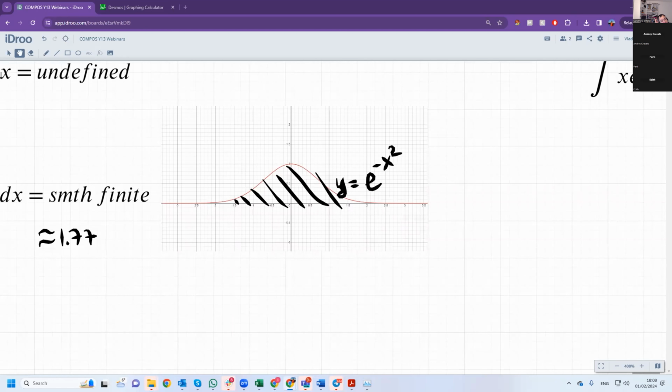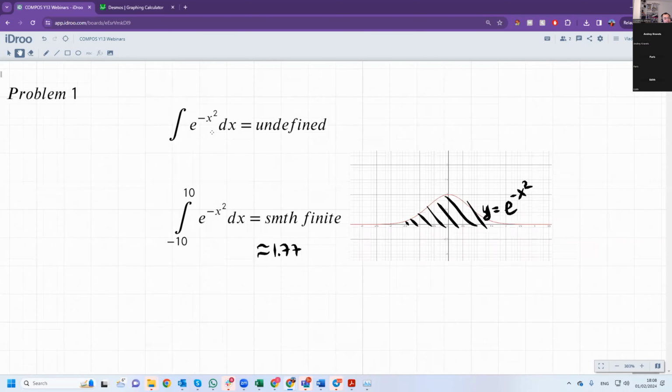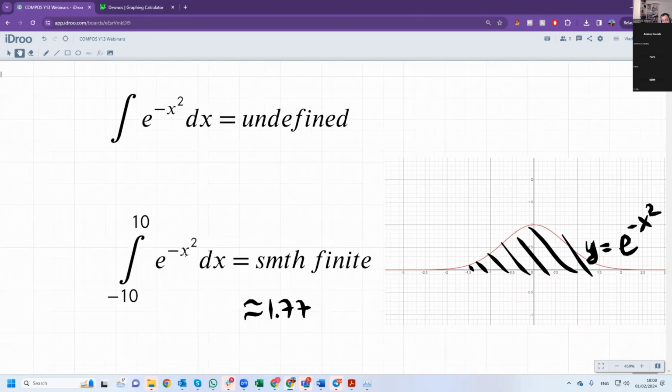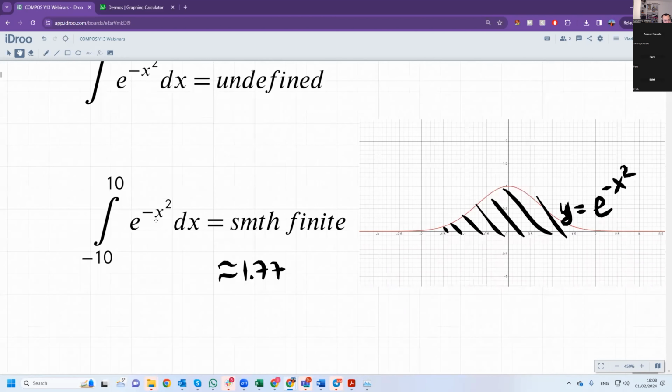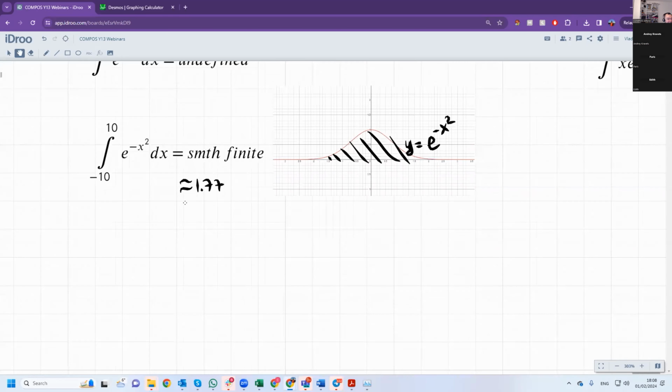It will be very, very close to that. So the calculator does it numerically. That's why it's able to do that, even though this function does not have a primitive function, and you can't integrate it. You can't integrate it, but the integral is finite. You can find the exact value.